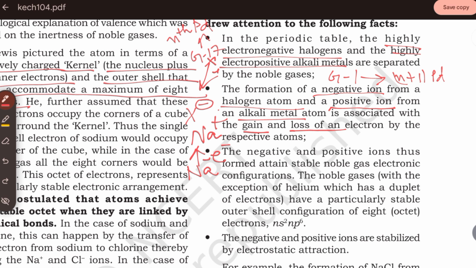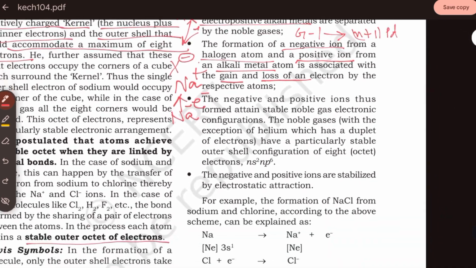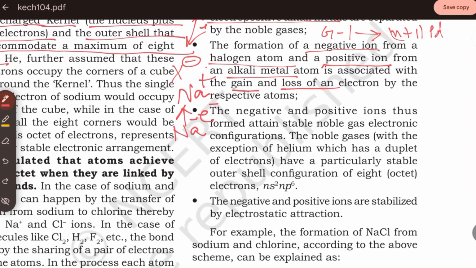So Na plus gets a noble gas configuration, X minus gets a noble gas configuration. Group 17 elements, halogens, have a tendency to gain an electron in order to get stability. Group 1 elements have a tendency to lose an electron.